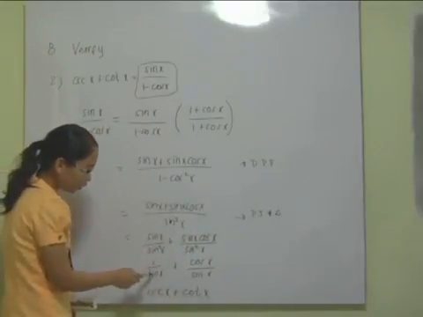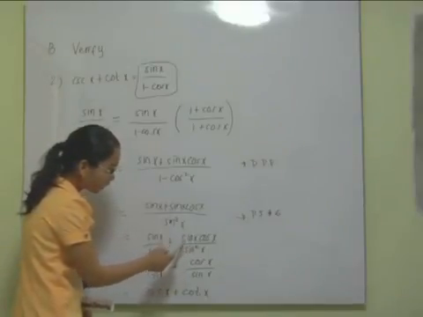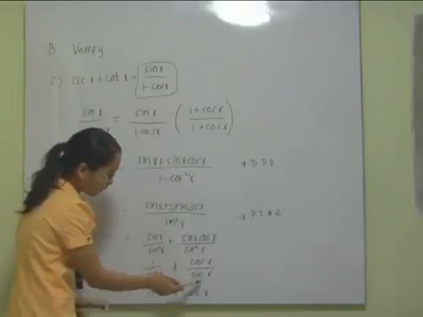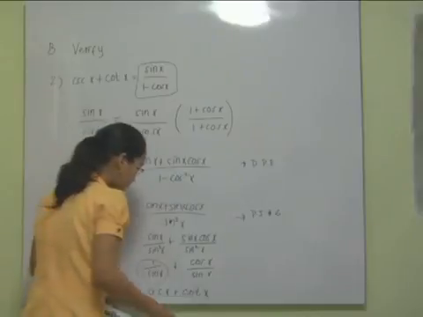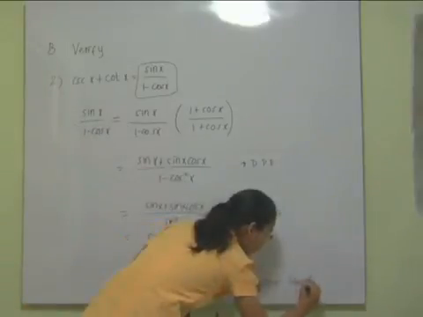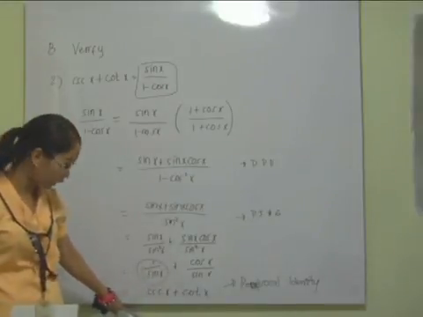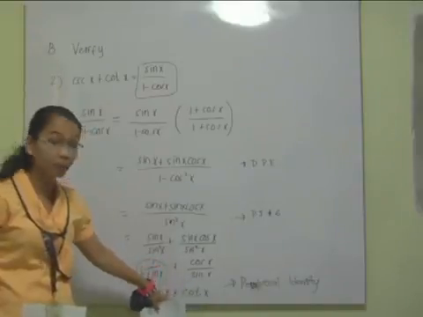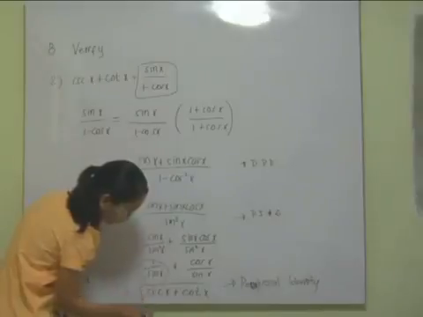This will become 1 over sine x, plus, after we cancel out the sine, cosine x over sine x. This is just the reciprocal identity: 1 over sine x is equal to cosecant x, plus cosine x over sine x is equal to cotangent x. So this is the final answer.